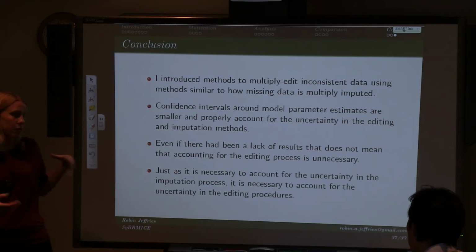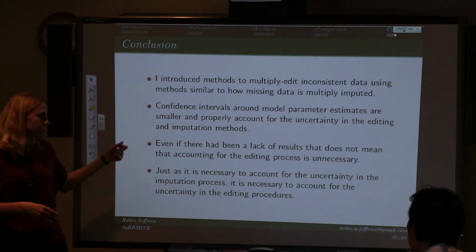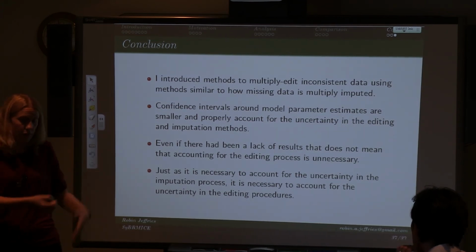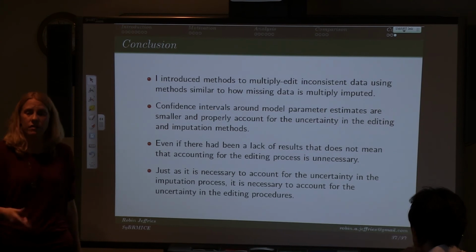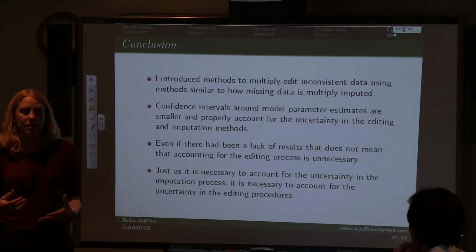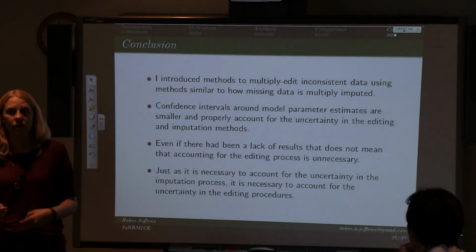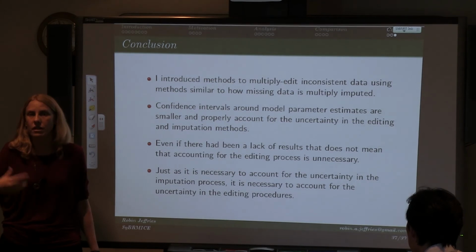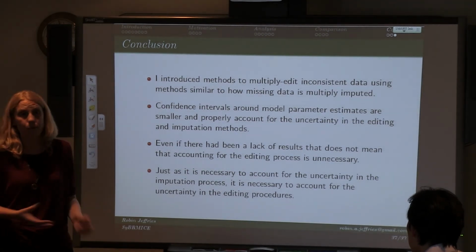And even if there had been a lack of astonishing results after applying this method, it doesn't mean that accounting for the uncertainty in these editing processes is unnecessary, just as it's necessary to account for the uncertainty generated in a random imputation process. You should account for the uncertainty in an editing process as well.